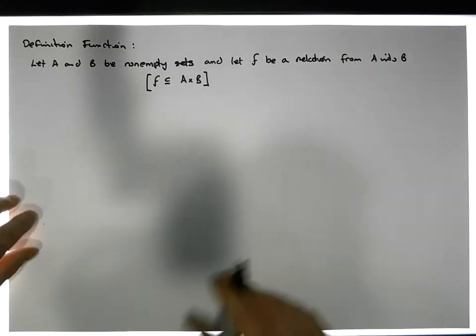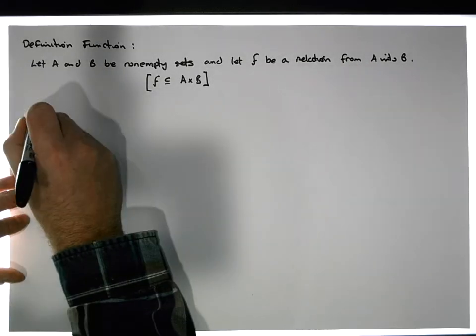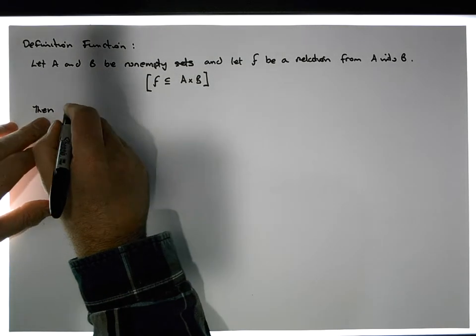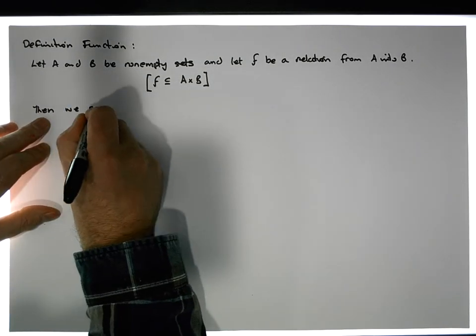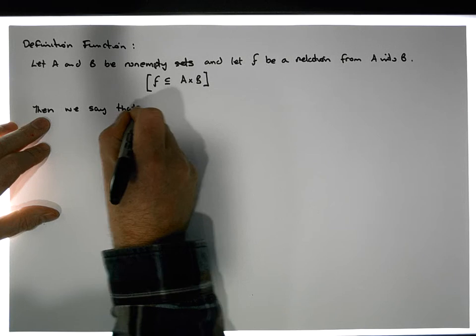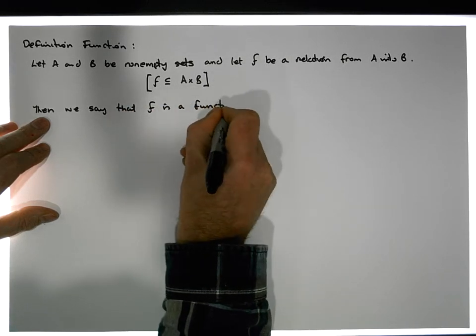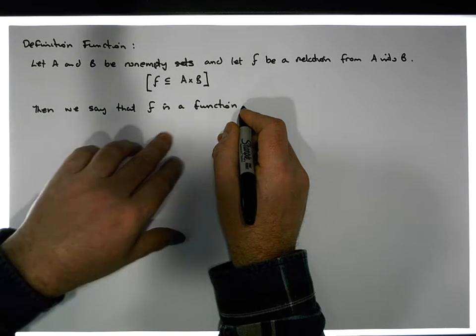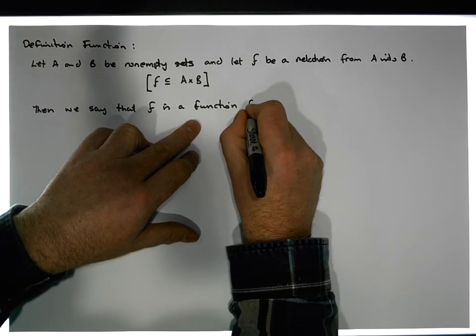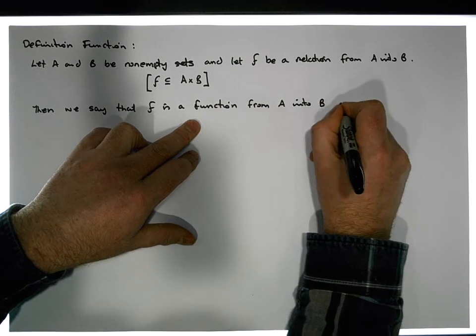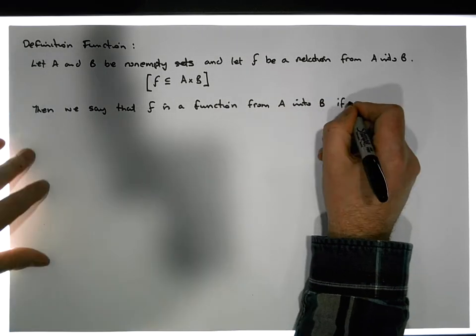Then we say that F is a function from A into B if the following two conditions hold.